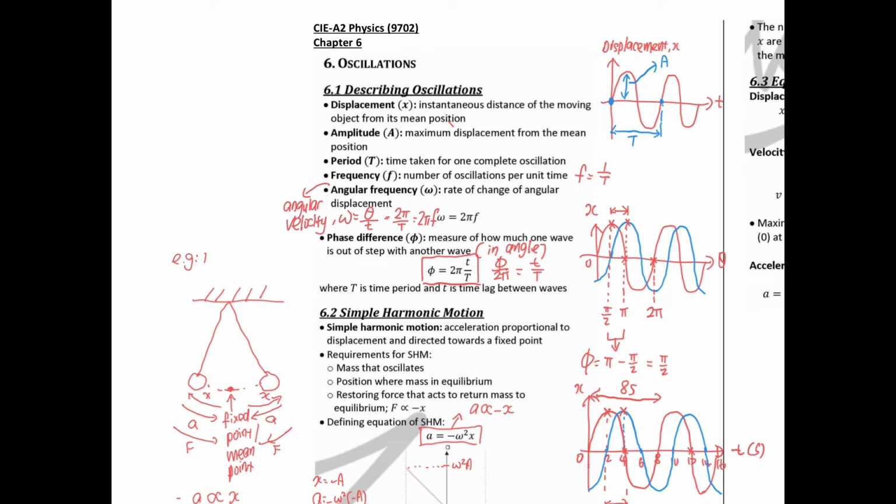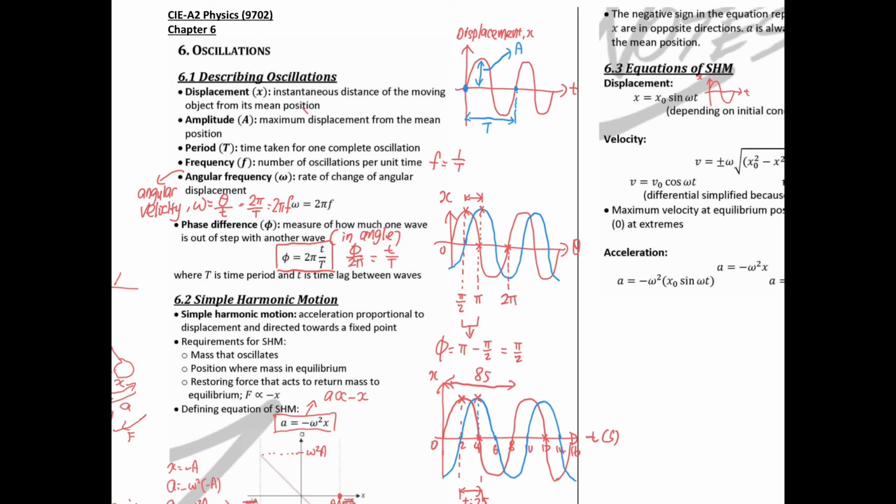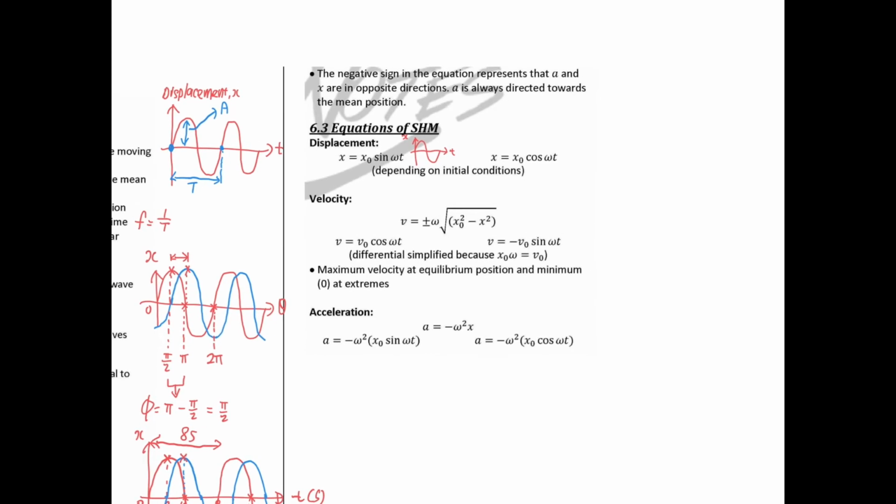But the thing is, we need not start from the fixed point all the time. We can start from the maximum displacement here. Yeah, we can start from here also. So if you start from a maximum displacement, we don't use the sine graph anymore. That's why there is a second option here. The second option is this equation, x equal to x naught cos omega t.